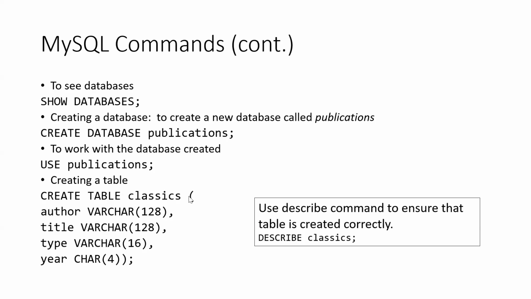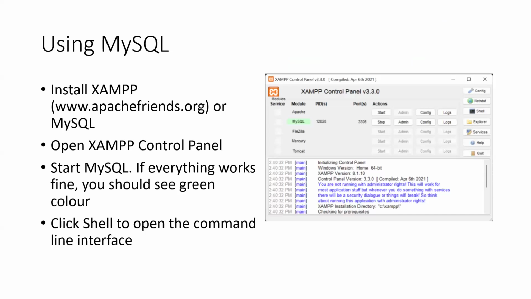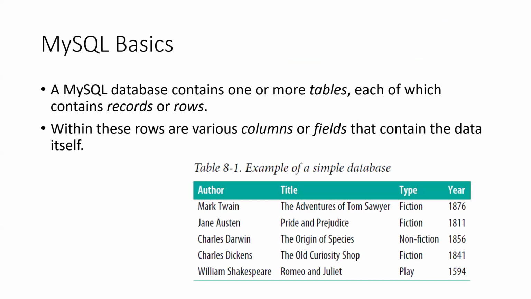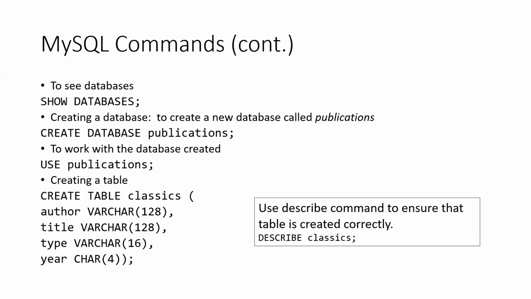In our classics database, which we are going to use, we are going to keep track of the author, title, type, and year. We can translate that into MySQL code like this. We say create table and provide the name for the table, and then we list the field names. The first field is author, and this is the data type.